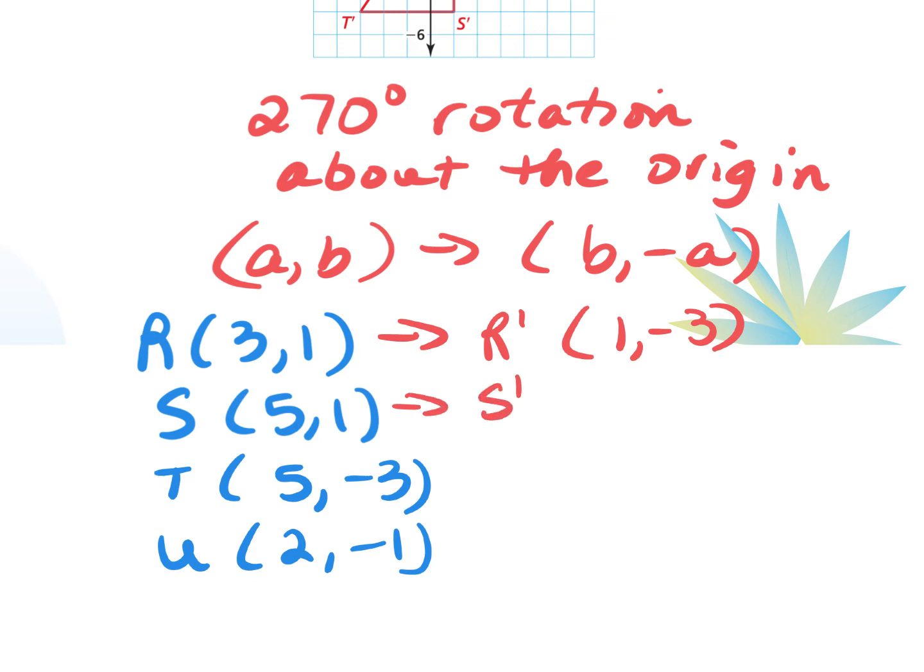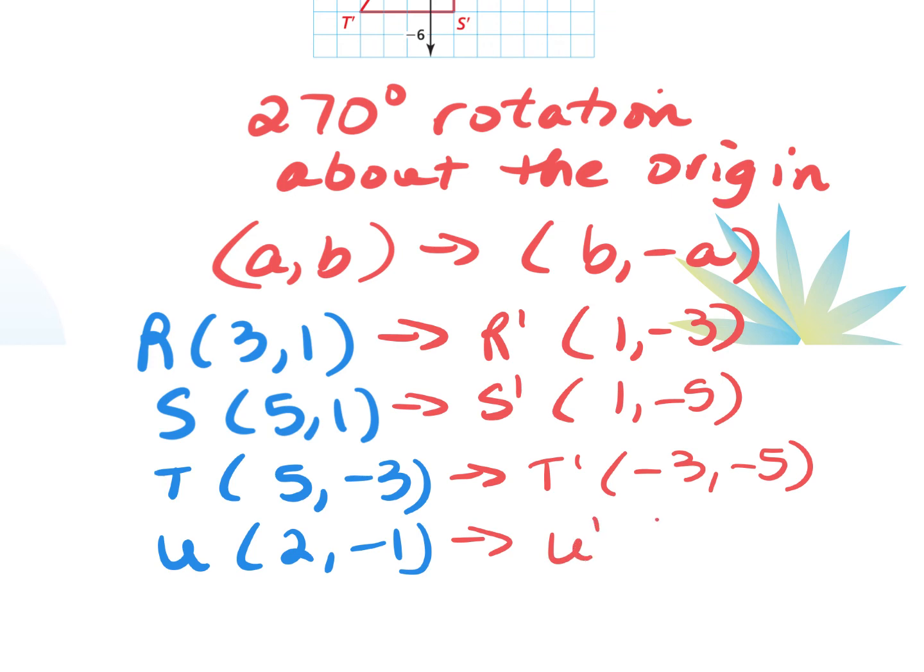For the S prime, 1, negative 5. T prime, negative 3, negative 5. And the U prime, negative 1, negative 2. So they switched the order and then the X coordinate went opposite. And this would have been a 270-degree rotation where they rotated or turned the figure.